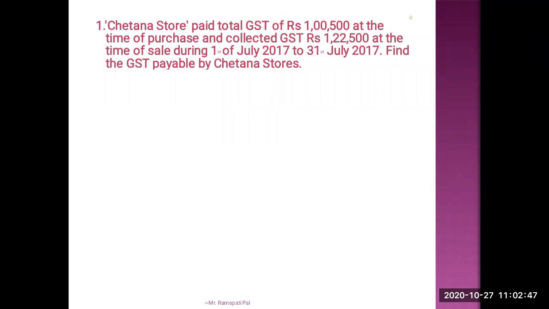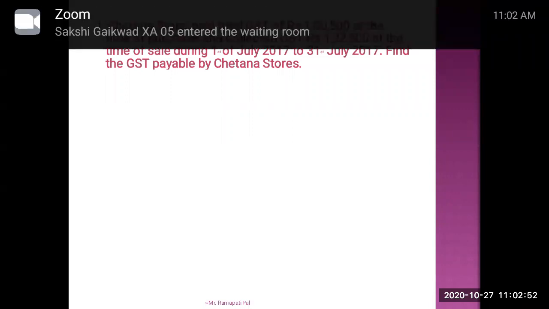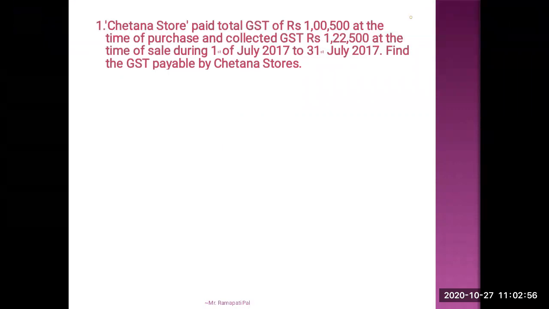So what GST have Chetna store paid? 1,05,000 rupees at the time of purchase, and collected GST 1,22,500 at the time of sale during 1st of July 2017 to 31st July 2017. Find the GST payable by the Chetna store. Okay, this is the question.